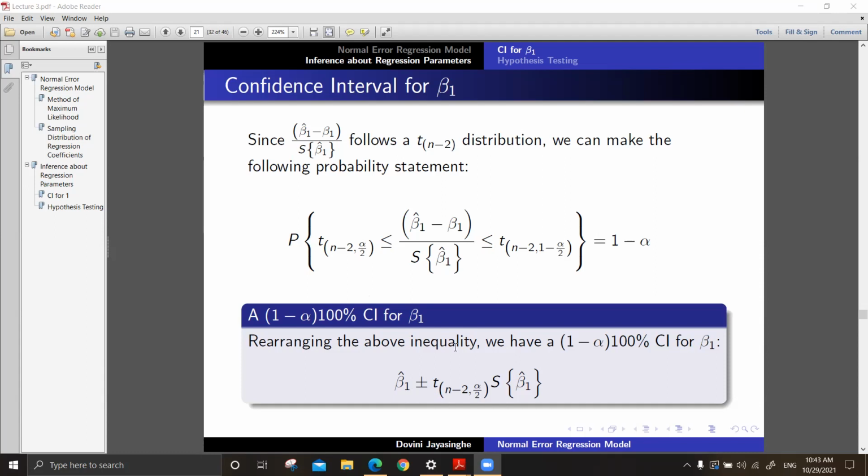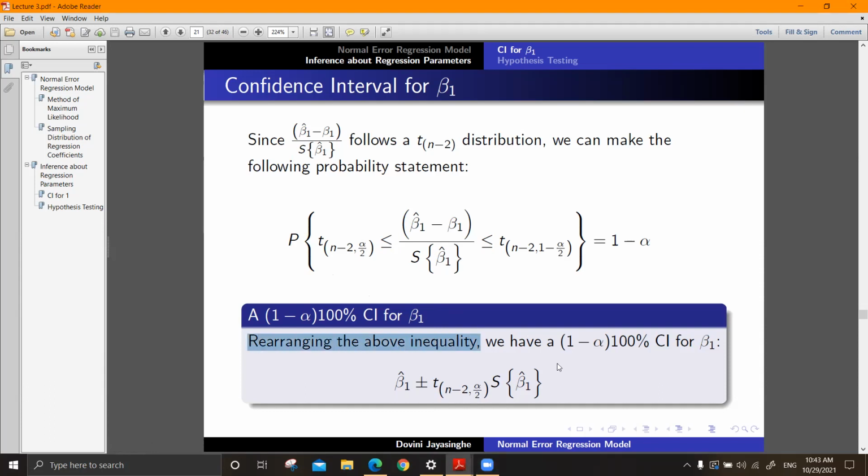So you put this quantity here and this one. What you have to do is cross multiply and isolate beta 1 hat in the middle, right? That is how you usually do it. Rearranging the above inequality, you get something like this.